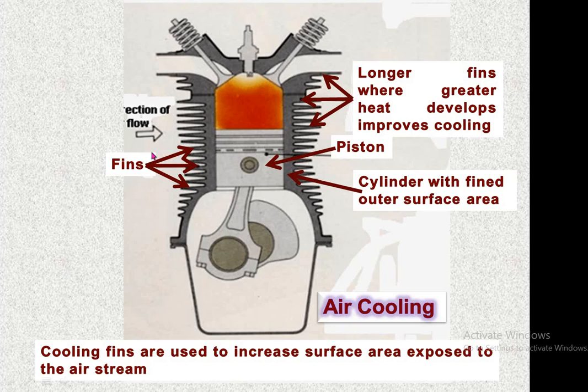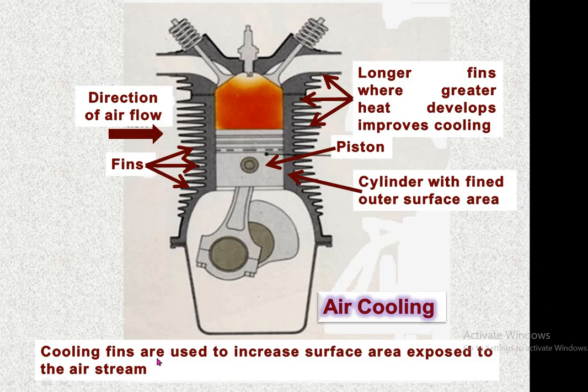As and when the cooling starts, the airflow from outside is produced by the flywheel that has been projected over the crankshaft of the engine. The flywheel rotates and produces an air current, and that air current passes around the engine cylinder which has been provided with fins.